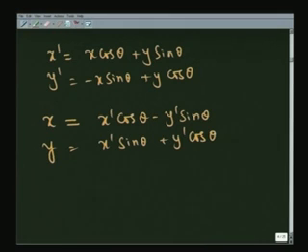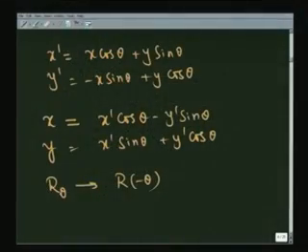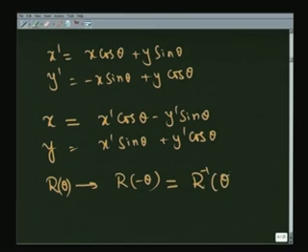In fact, if we wrote this transformation as a rotation matrix, we said that we have R theta which will go to R of minus theta. I am sorry, I employed a wrong notation here. This theta should come as an argument and not as a label. So R of theta will go to R of minus theta, which is exactly the same as R inverse of theta. It is good to remember this notation.